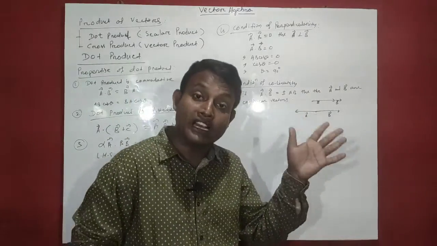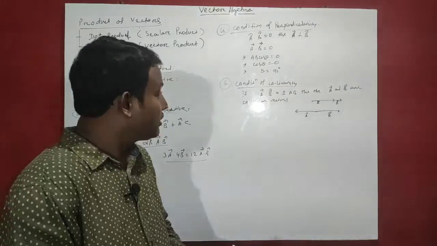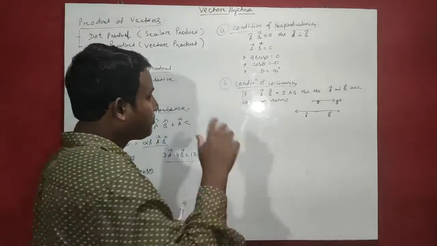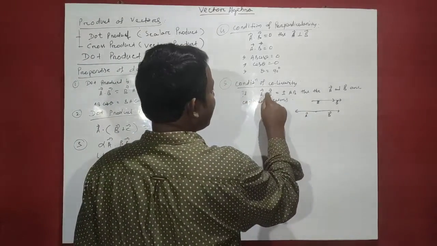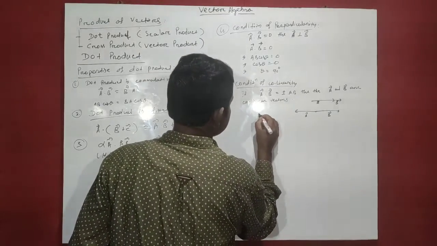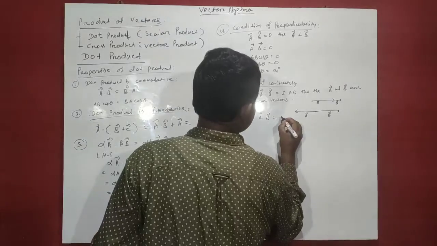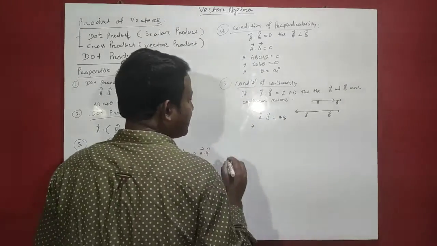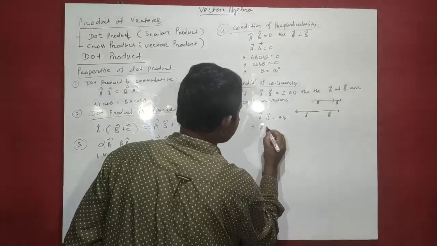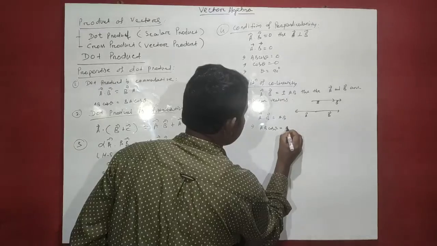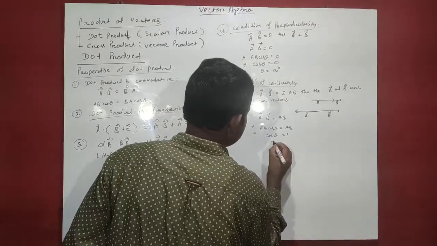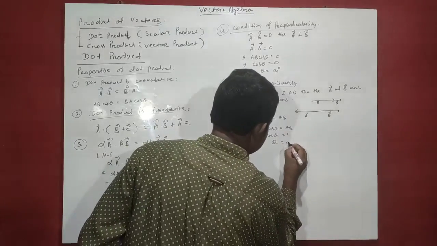Collinear vectors are of two types: one is parallel vectors and another is antiparallel vectors. When A dot B is plus AB, they are parallel vectors. How do we prove it? A dot B is equal to AB, that means AB cos theta is equal to AB, so cos theta is equal to 1 and theta is equal to 0 degrees.